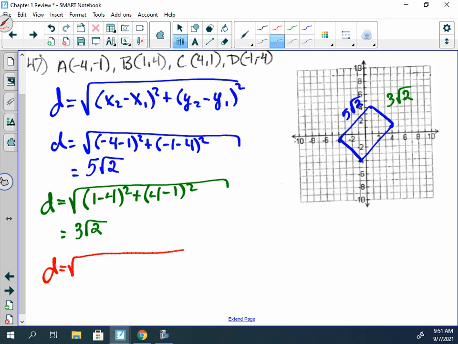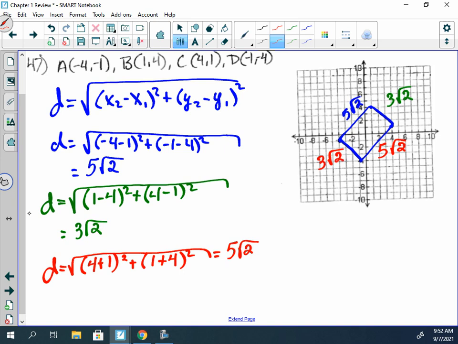Then we would just keep going around. So the next one would be from C to D, 4 minus 1, negative 1, so that'd be 4 plus 1, squared, plus 1 minus negative 4, which is the same as 1 plus 4, which here would give us 5 square root of 2.